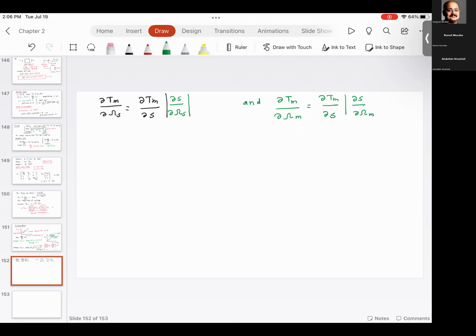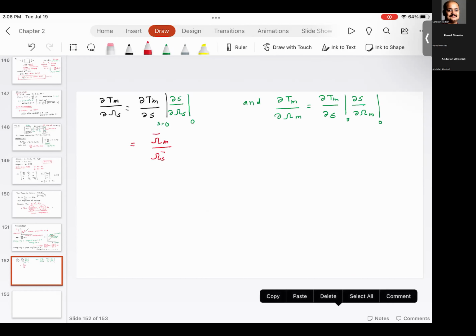And since we are doing it at 0 initial conditions, or 0 operating conditions, once you use MATLAB you are going to get this equation as partial Tm by partial s squared, and this equation as 1 divided by partial s.